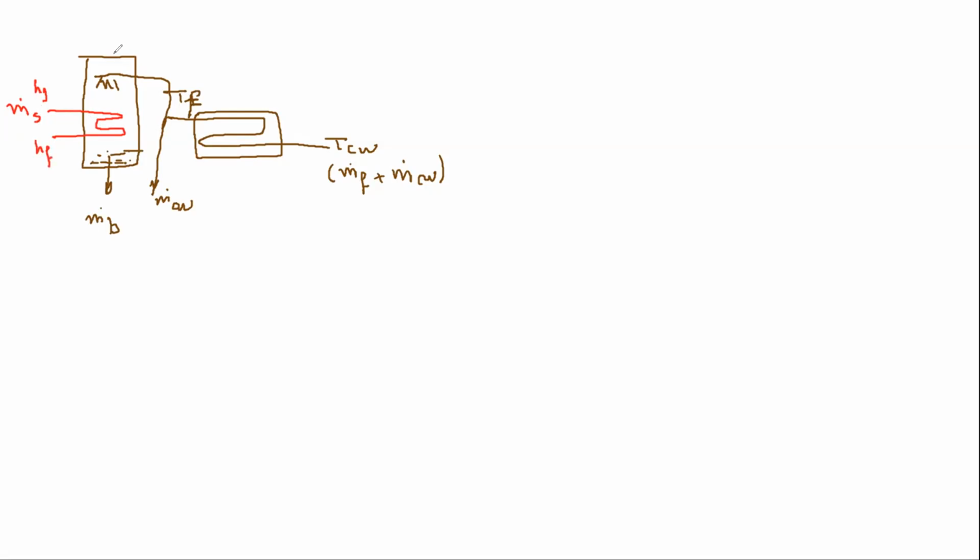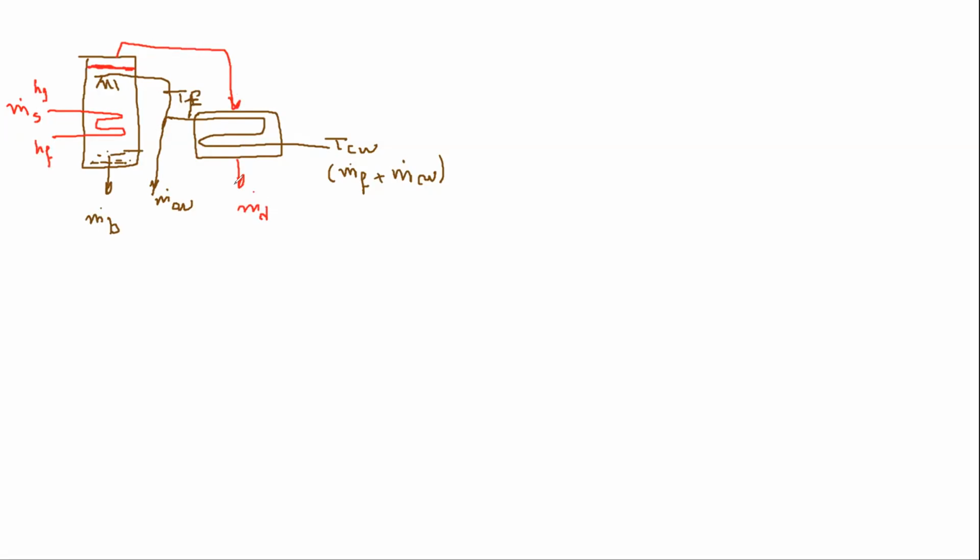And the vapor that will form here is going to be taken to condense in the condenser, and we are going to collect it as m dot distillate. There's a mist eliminator here, by the way. So that's a quick sketch of the system.